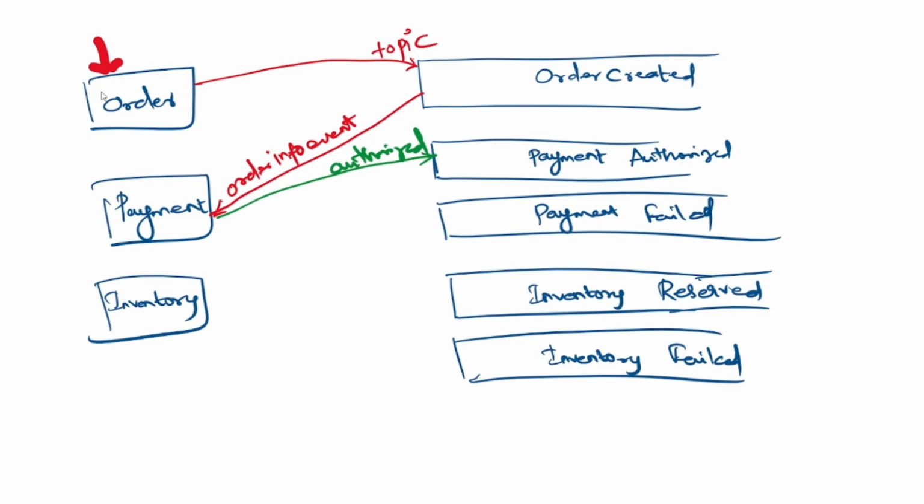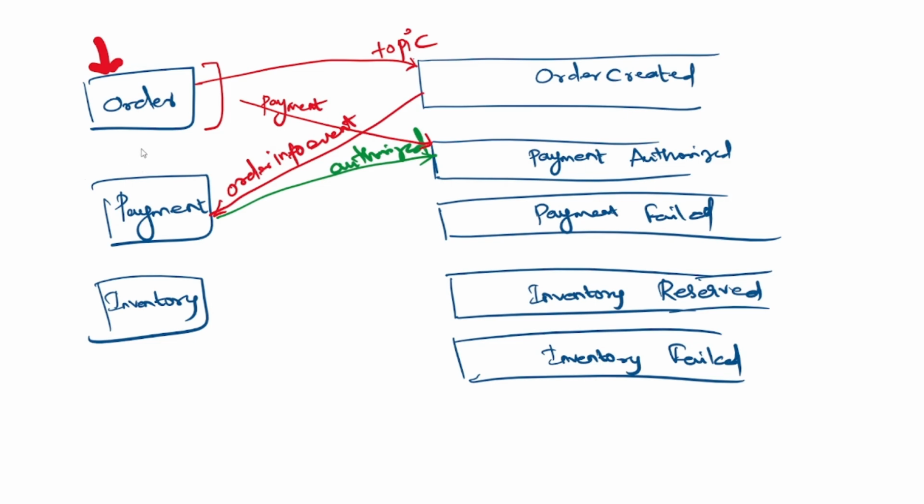Order service is a consumer of the payment authorized topic. It receives the successful payment information about the order and updates it in the table. We are maintaining different topics for different kinds of events.